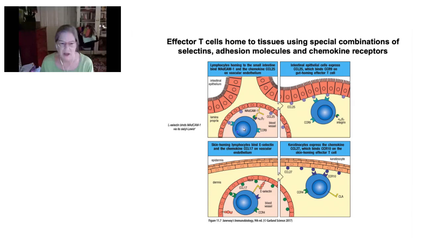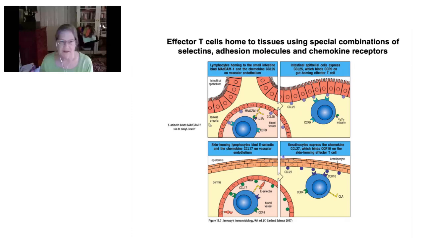And so this guy is going to be recognizing MADCAM1 that's upregulated in the vasculature of the intestine. Okay, so this T cell upregulated this alpha-4 beta-7 integrin, for instance, and CCR9, knowing that that's where it's supposed to go. And so it gets out doing just that, right? And can then leave the vasculature and be right underneath the epithelium here, in the lamina propria, for instance.